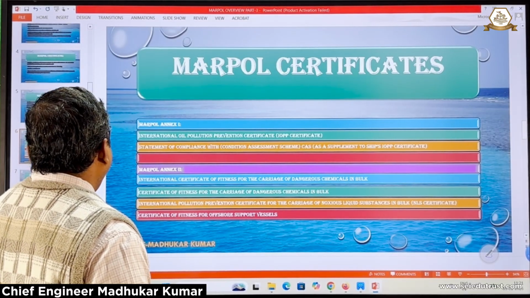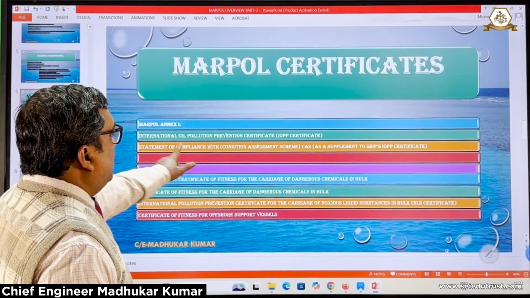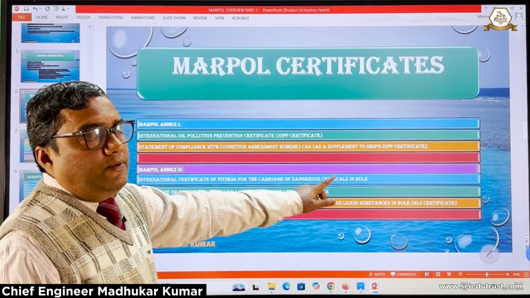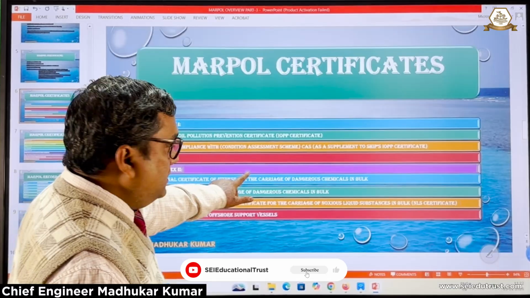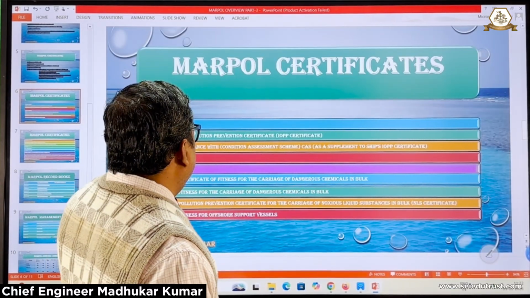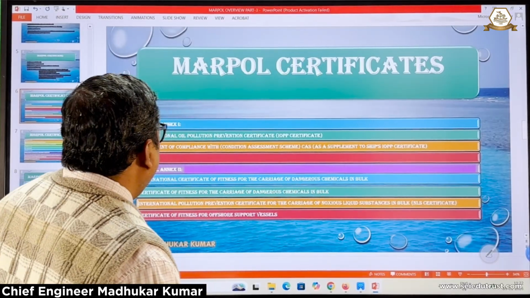So next, if you see here the same thing, certificates: Annex 1 IOPP certificate, statement of compliance. Basically when we have the old tankers, CAS is issued as per the statement of compliance, which comes under your IOPP or Annex 1 part.